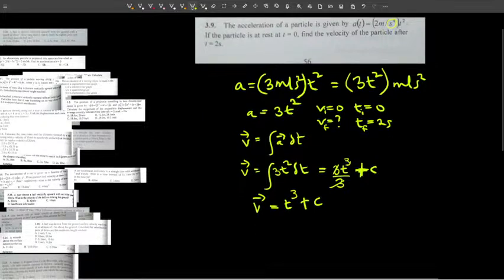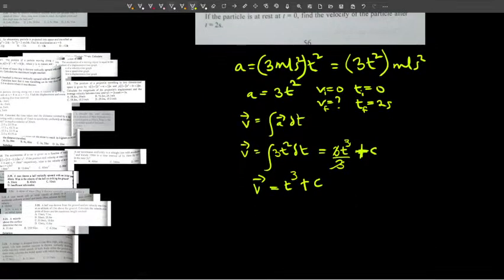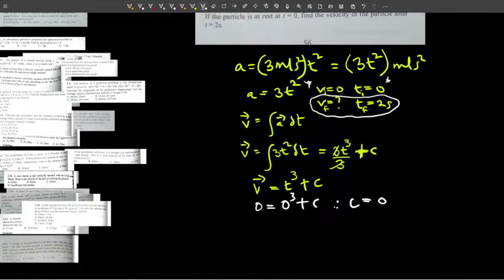In the first statement, we are told that the initial velocity is 0, and time is also 0. So when v is 0, 0 equals 0 raised to power 3 plus c. Therefore, c equals 0. We should find velocity when t is 2.